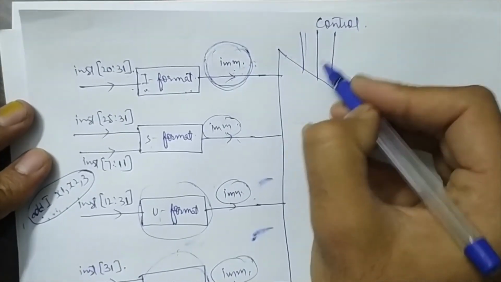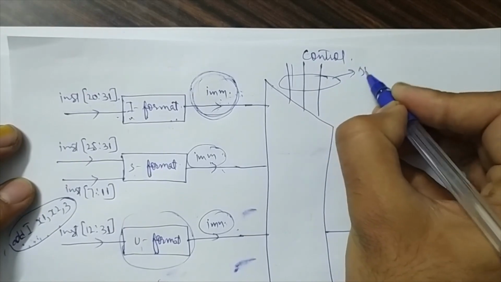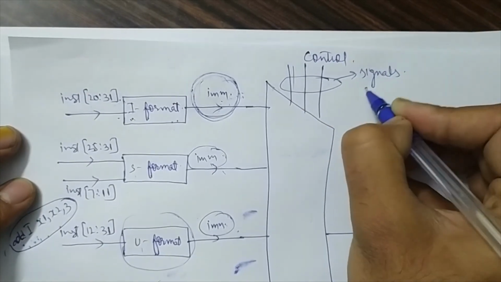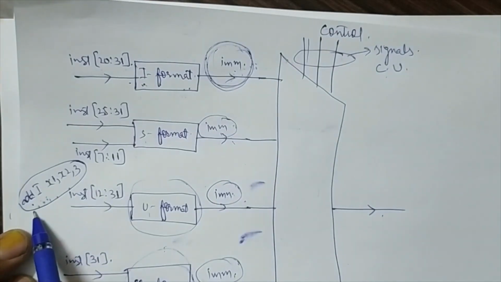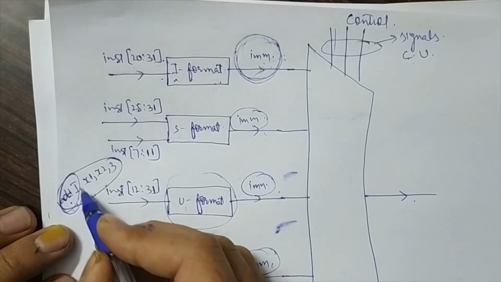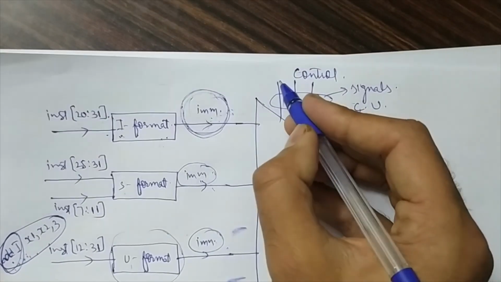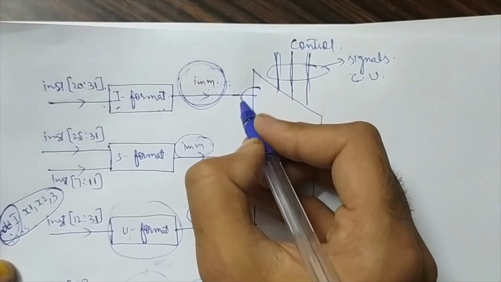It will have three control lines, and these control signals will be generated by a control unit. The control unit will also get this instruction, see that it is addi, and give the control signals to the multiplexer telling it which input to choose.